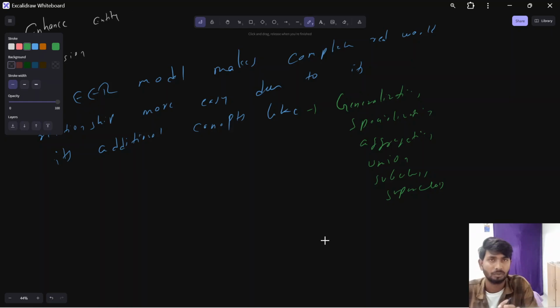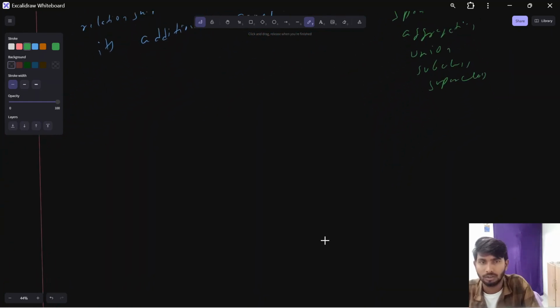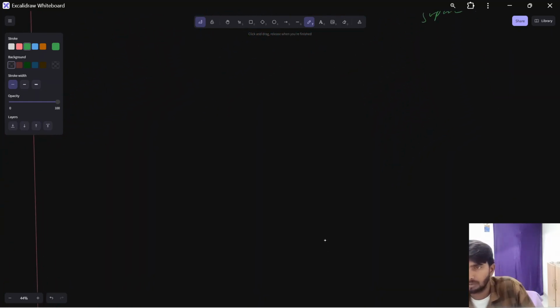With the help of these, we make the ER diagram easier. It's a high level data model, na? We can say high level because it's an extension, a high level data model.